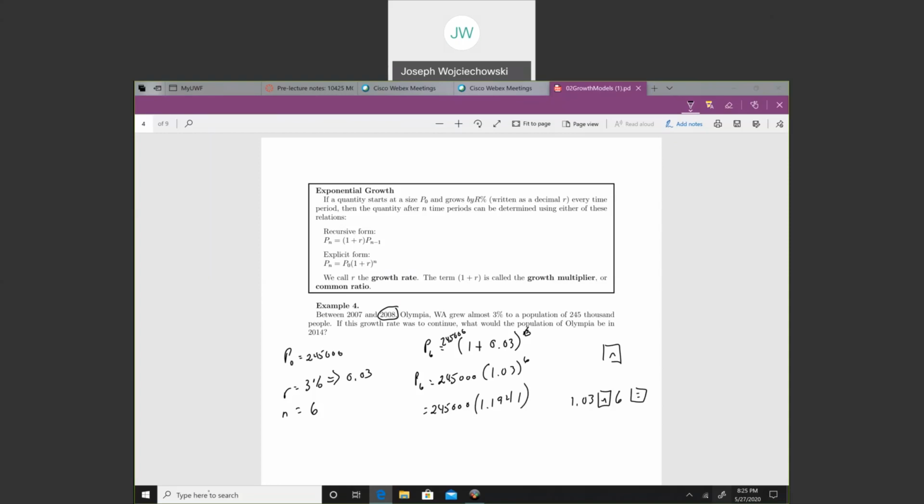Do try this on your calculator, see if you get something similar. And multiply it by my 245,000, and I get 292,542.8126. So we would round this up to 292,543 people.